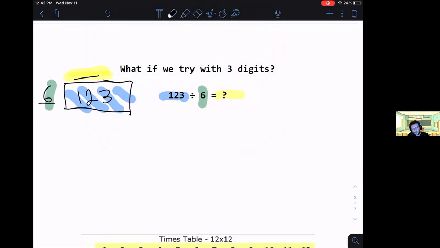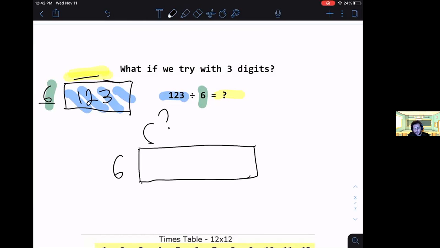So let's go ahead and create our area model. From this picture over here, we know our area has to add to 123. We're going to leave it blank for now. And we know our side is 6. So we go ahead and write that down. And we are solving for this. So the way this works is we have 123.